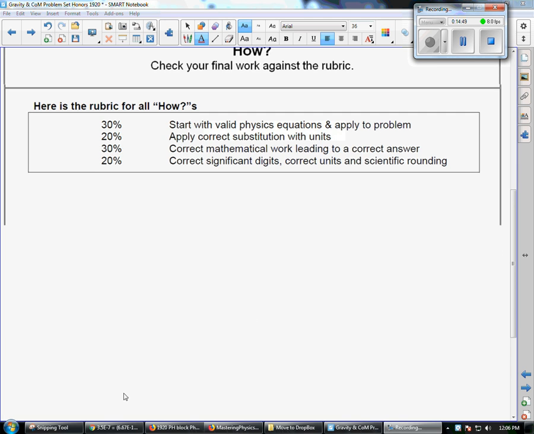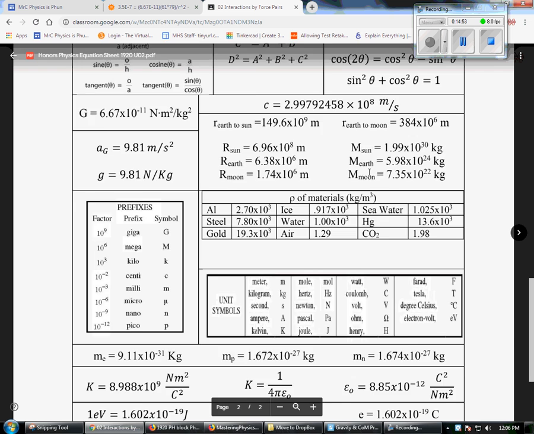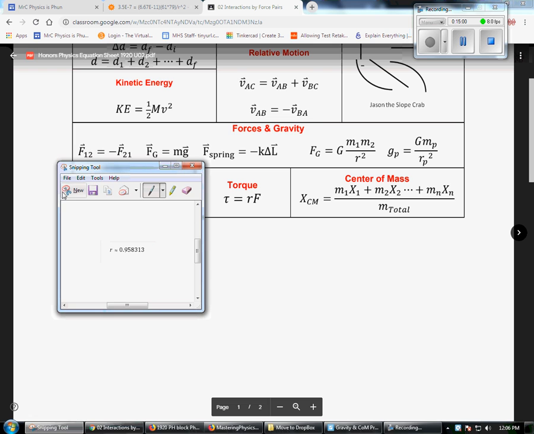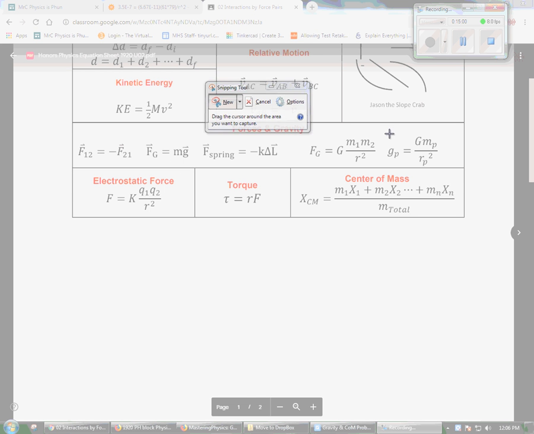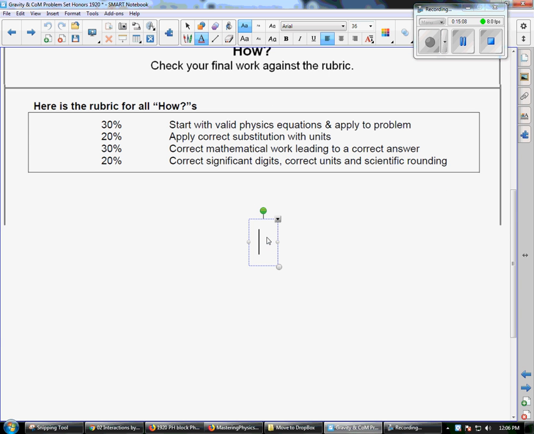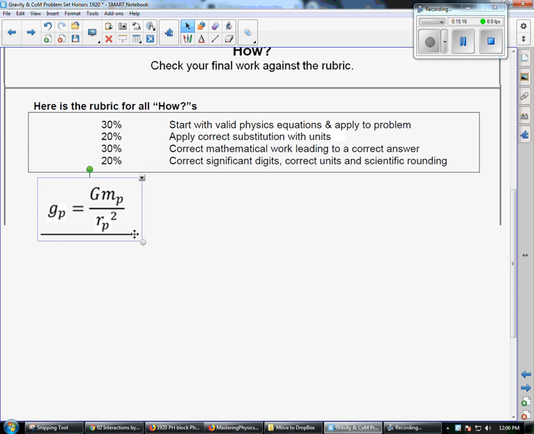All right, let's do the half. Let's grab my equation. We got that. This is our gravitational field strength equation. Right?